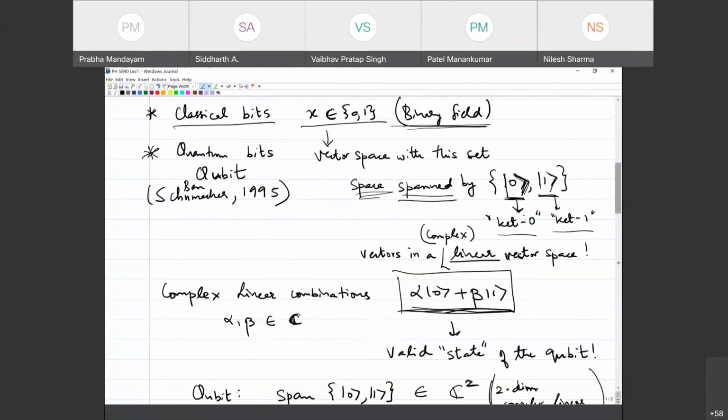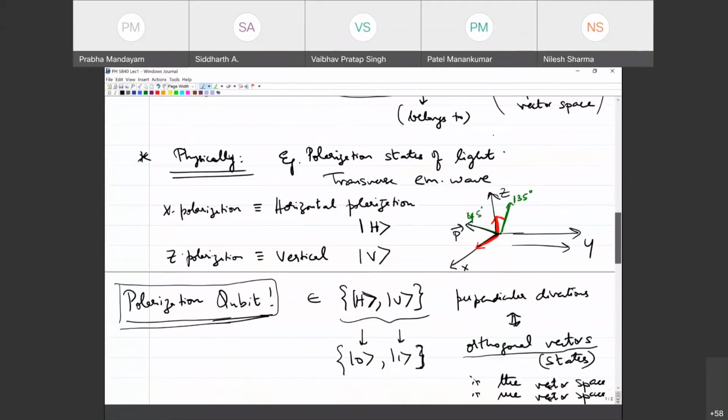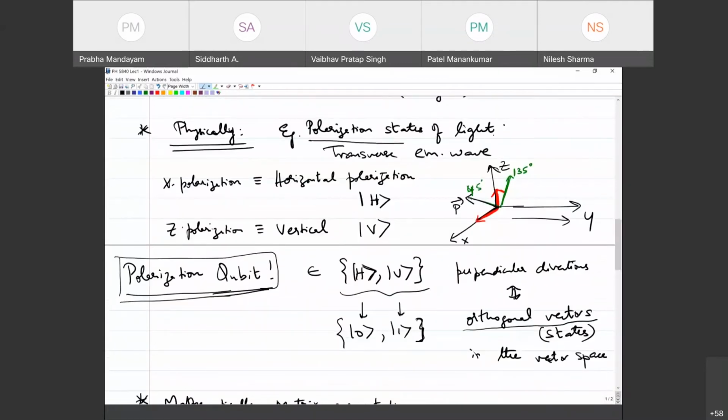Physically, this kind of mathematical structure naturally arises in several contexts, of course, right? That's what we'll see when we introduce quantum mechanics. But it naturally arises even in the context of something like polarization states of light.